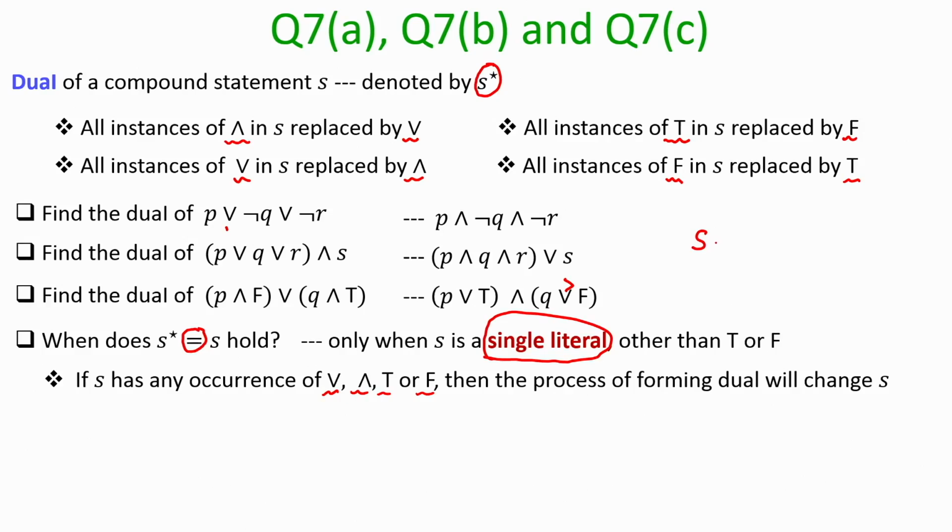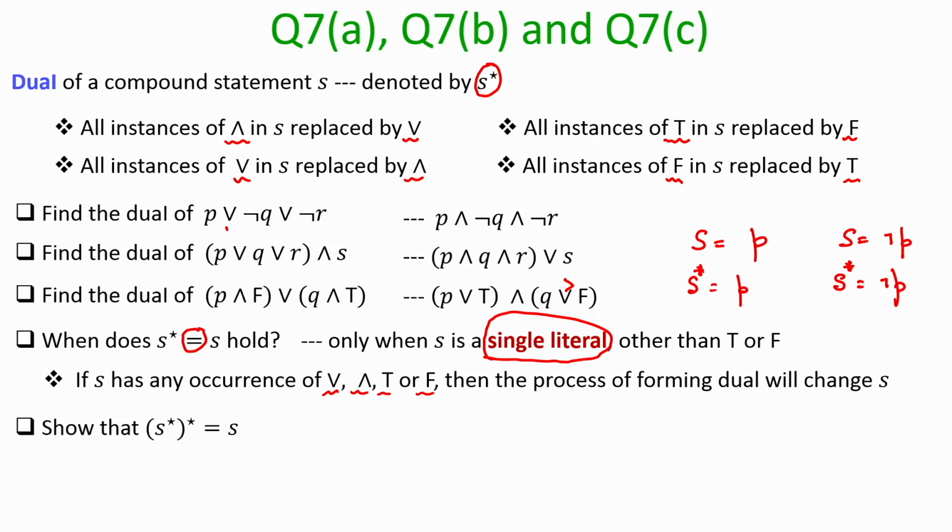But if your statement S is just a single literal, say P, or say if S is equal to negation P, then in that case S star will be the same as your original S. For all other cases, S star can never be equal to S.